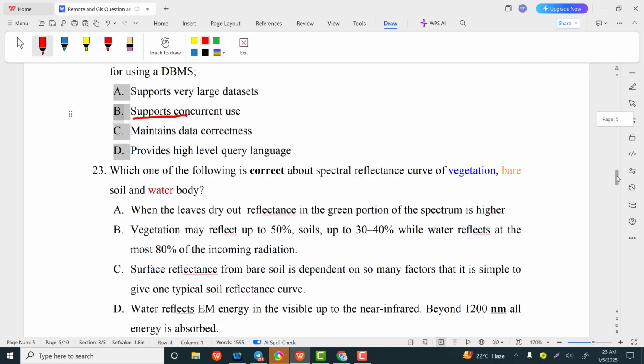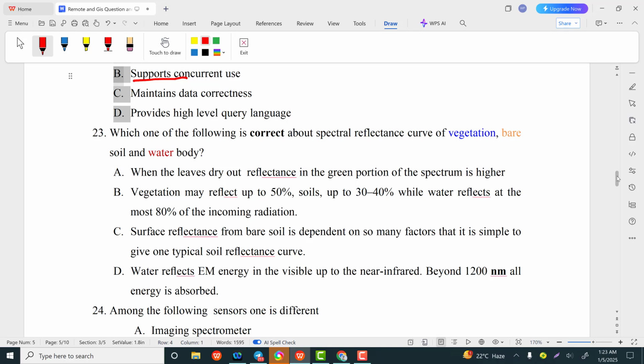Question number 23. Which of the following is correct about spectral reflectance of vegetation, bare soil, and water body? A, when leaves dry out, reflectance in the green portion of the spectrum is higher. B, vegetation may reflect up to 50%, soil up to 30 to 40%, while water reflects at the most 80% of the incoming radiation.